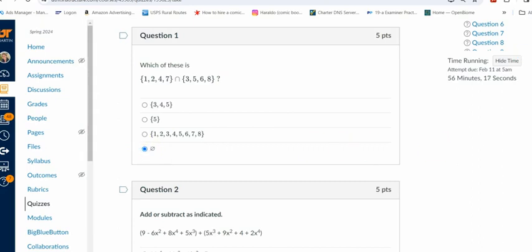And if this had been a union question instead of an intersection question, then you put both of these together into one set, but you can't have any repetitions. So if there are repetitions, you have to eliminate one of them. And there aren't any repetitions.